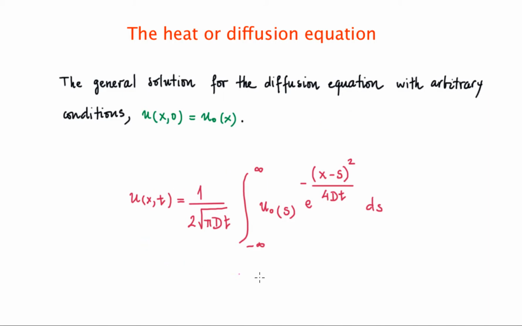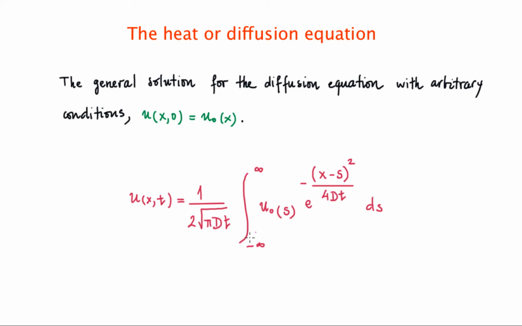Then the general solution can be written in this way. We have the following: the u function at point x at any time t is 1 over 2 square root of pi D t, where D is this parameter, the conductivity, which arises in the equation, times the integral from minus infinity to infinity of the function that we have initially, u0 of s, where s is the integration parameter, times an exponential of minus (x minus s) squared over 4 times D times t.